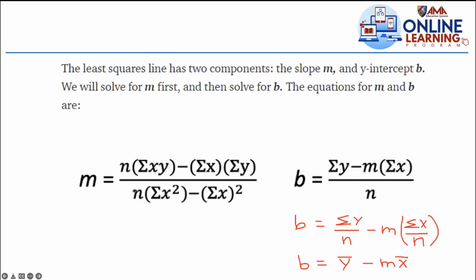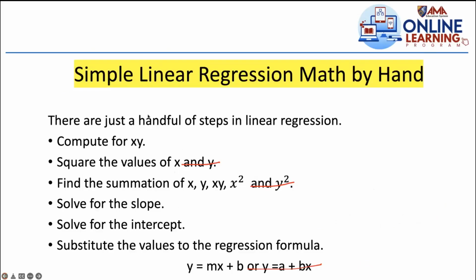So indeed, what is used here is M, not the other formula. Y equals mx plus b. Okay, class. Now these are the steps if you want to do it manually, by hand. I removed this because we just need the x. Also, I just removed what you will not use. Okay, you'll understand this better if you apply it in an example.